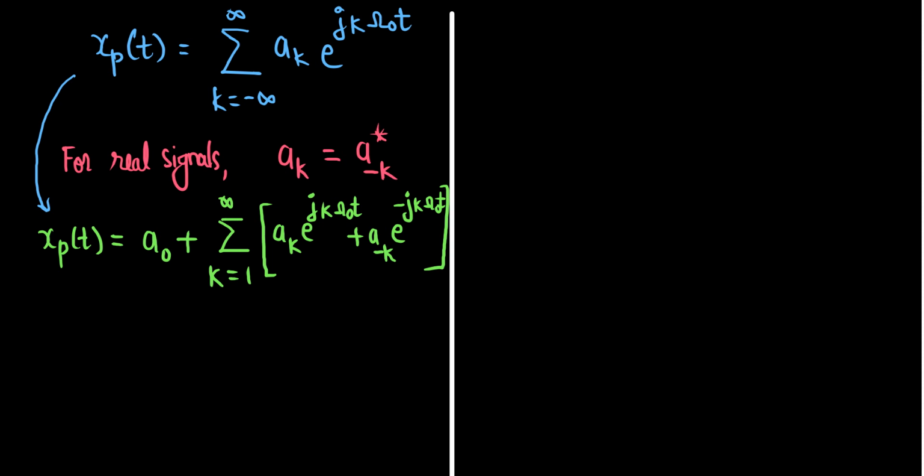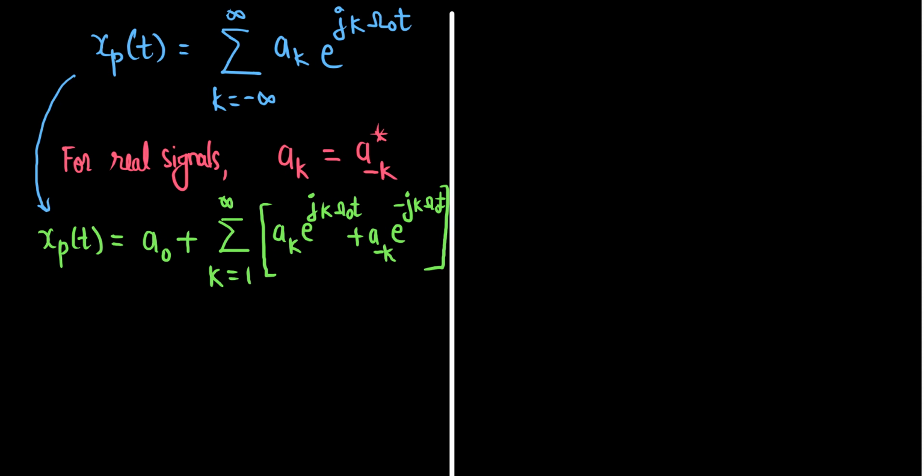So what I've done here is simply represent this xp of t in a different form. I've isolated the 0th component, and I have kept these coefficients, the complex conjugate pairs, in these brackets.